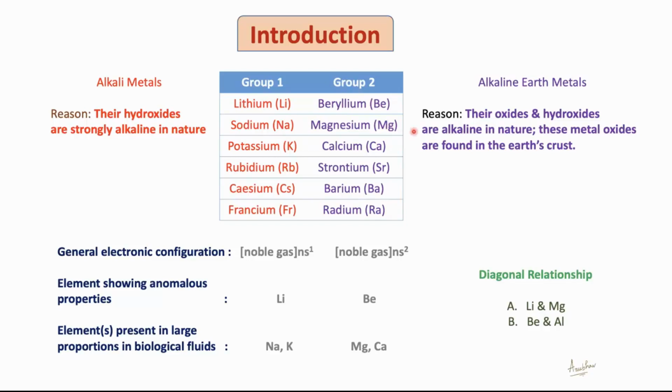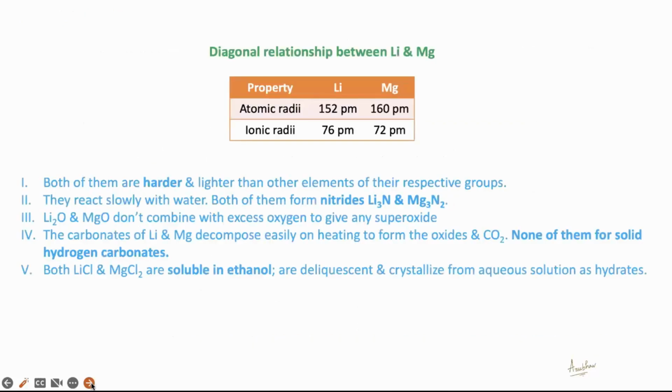So lithium and magnesium will have comparable atomic and ionic radii and comparable electronegativities. That's why they possess properties that are chemically and physically very much comparable. This is the reason behind the diagonal relationship between lithium and magnesium.